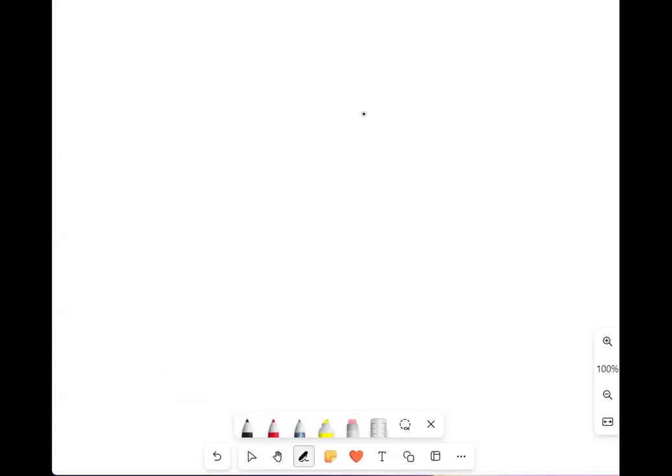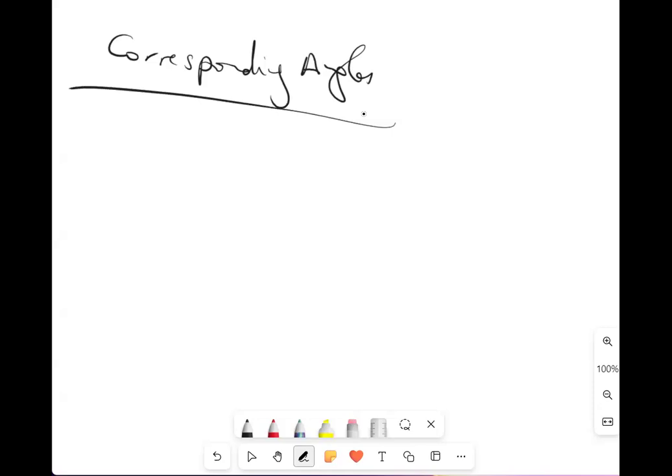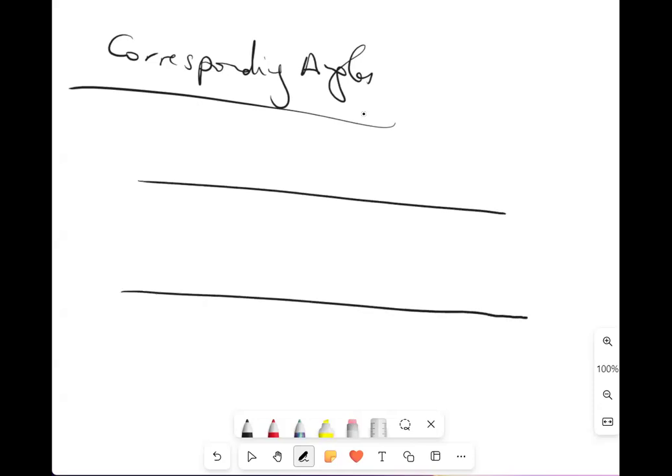Then you might hear of corresponding angles. If you have a line like that, another line like that, and a line that cuts across them, this angle corresponds to this angle, right?